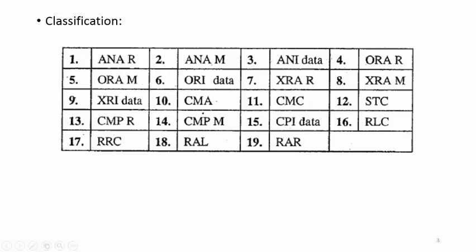RLC indicates rotate accumulator content left with carry. RRC means rotate accumulator content right with carry. RAL, rotate accumulator content left through carry. And finally RAR, rotate accumulator content right through carry. What is the meaning of with carry and through carry? We will see during the discussion of rotate instructions.